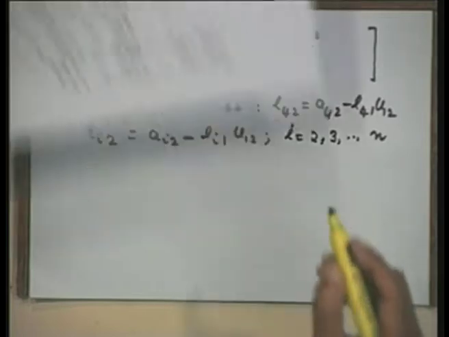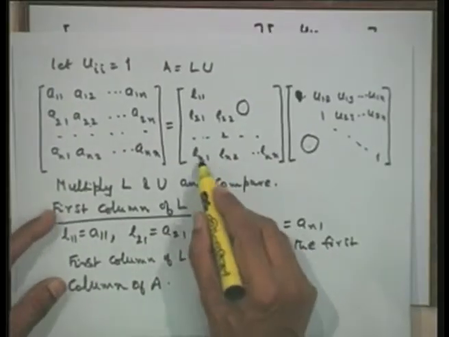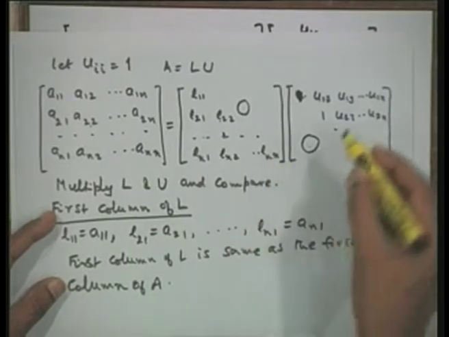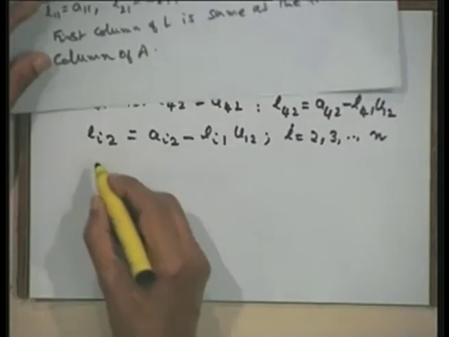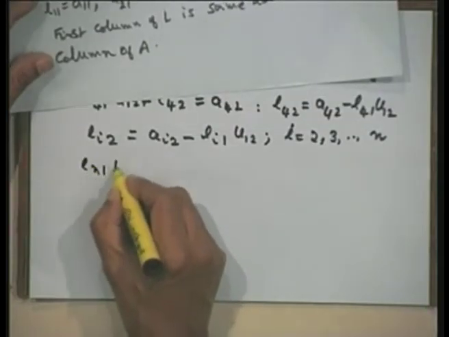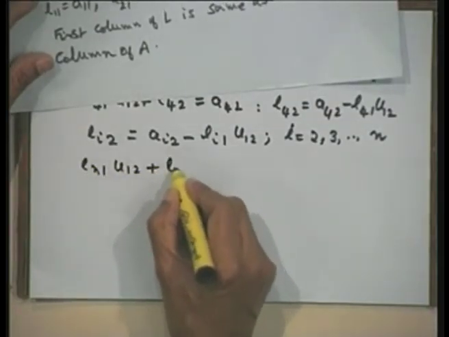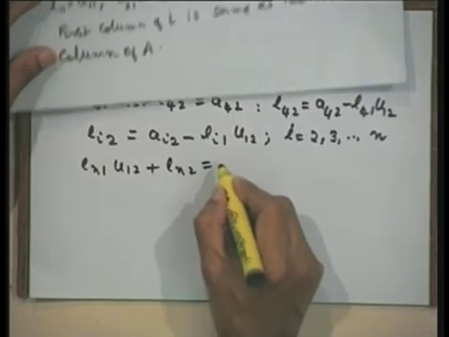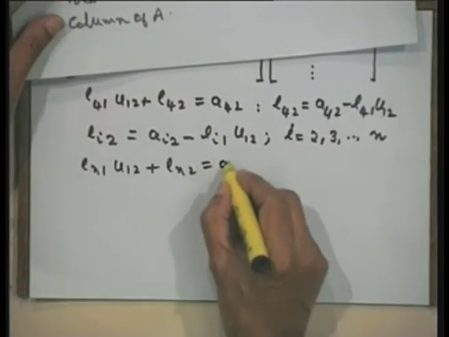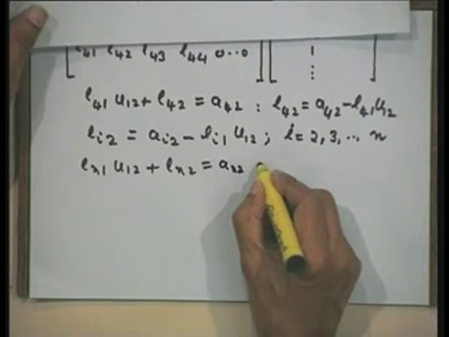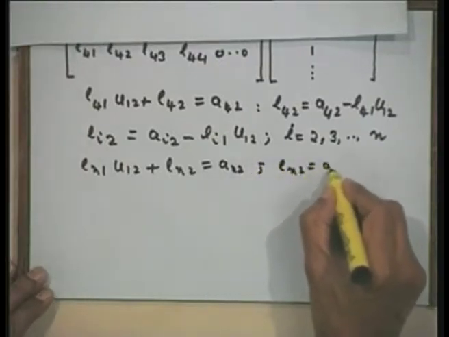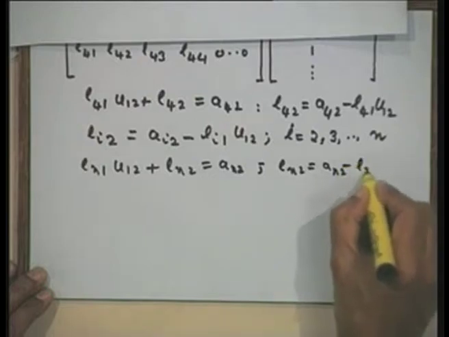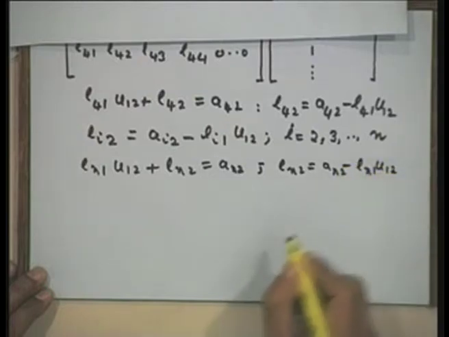Now, the last element of this column will be obtained by multiplying the last row of L into the second column of U. That means, Ln1 U12 plus Ln2 is equal to the element An2. This gives me Ln2 is equal to An2 minus Ln1 U12.